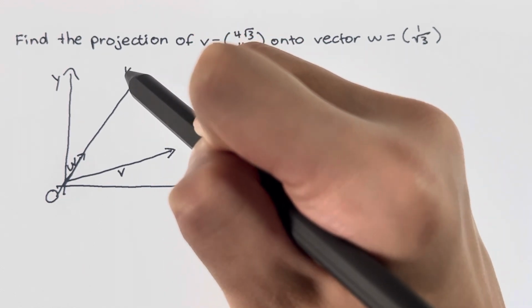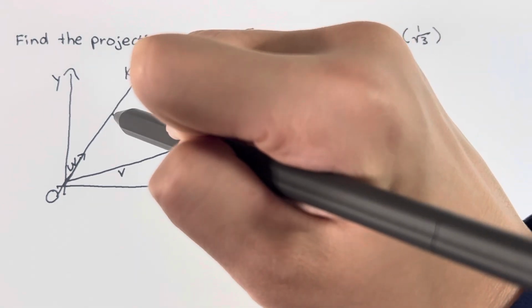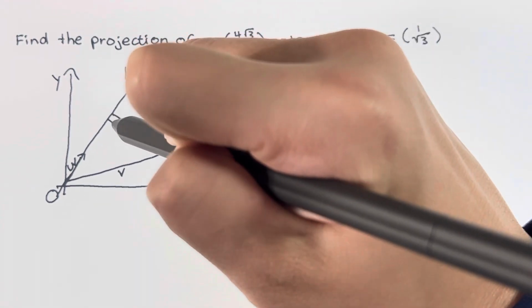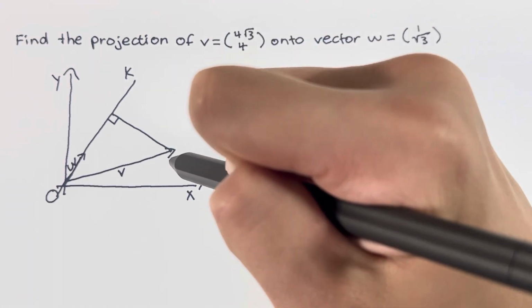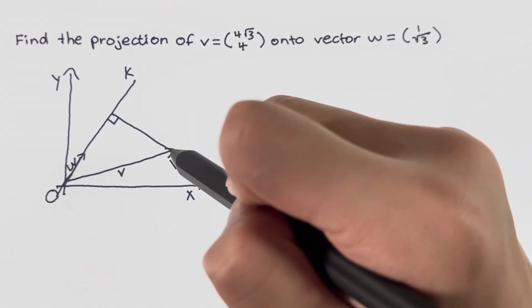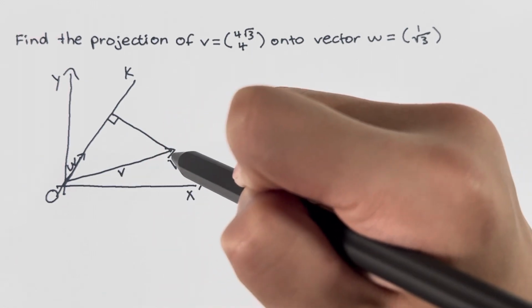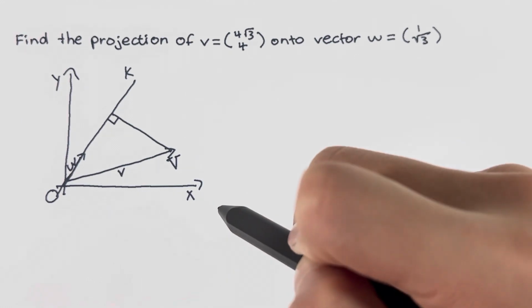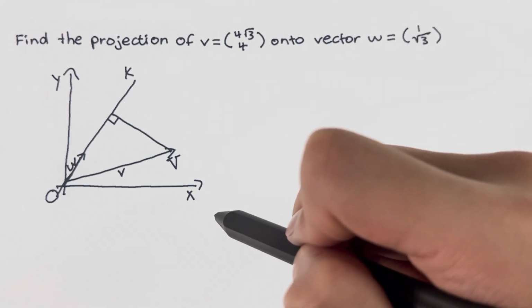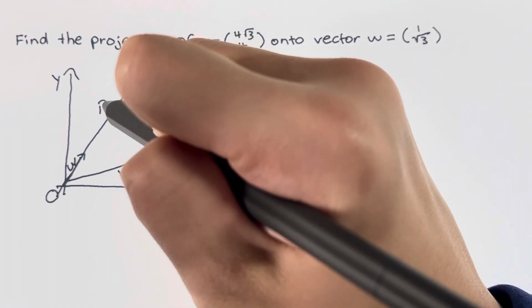We can call this K. Then we can draw a projection, which is just a perpendicular line. We can call the head of the vector v uppercase V, and this is lowercase v. And then we can call the intersection point P.